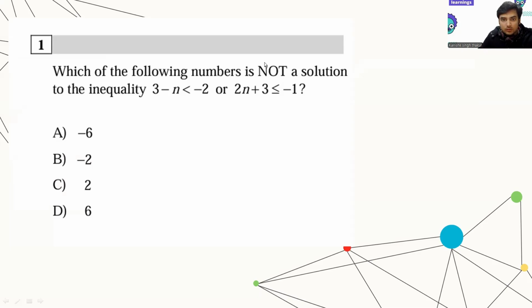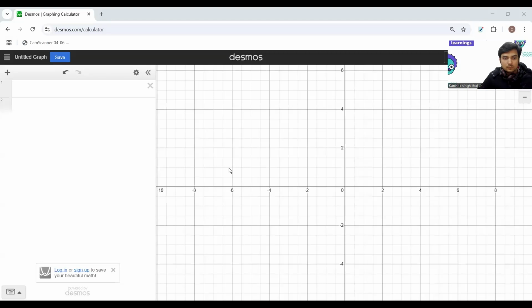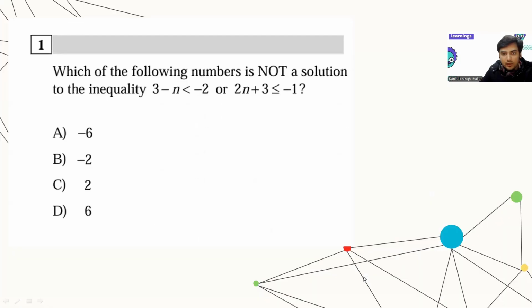Okay, so let's try to solve it. We have here 3 minus n lesser than minus 2 and 2n plus 3 lesser than equal to minus 1.